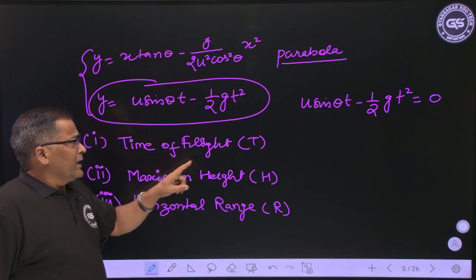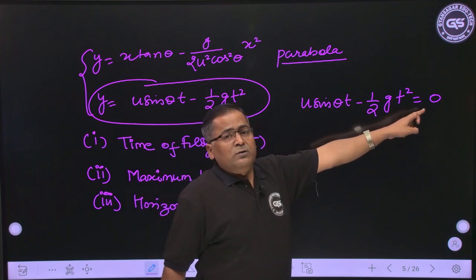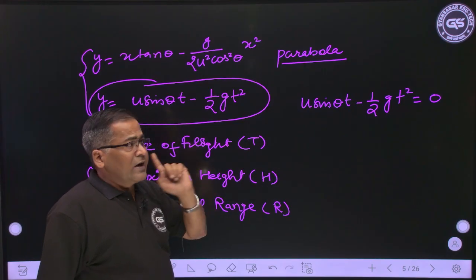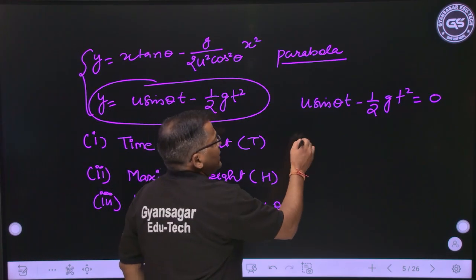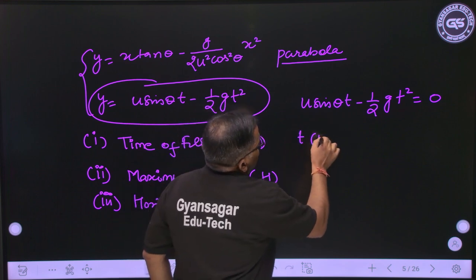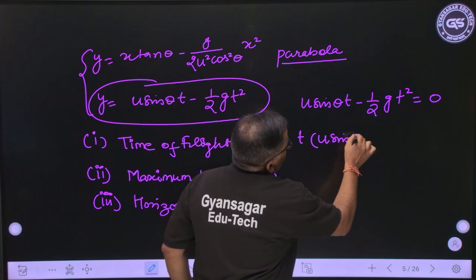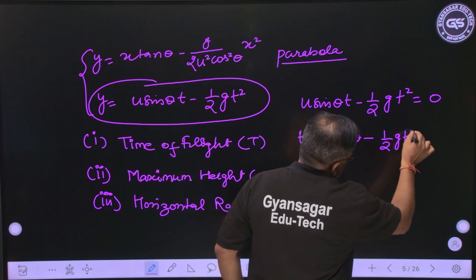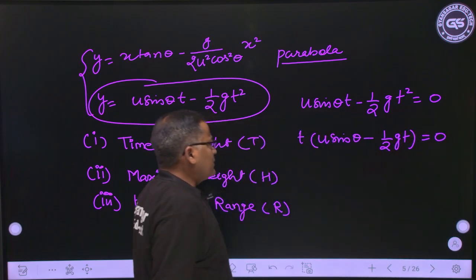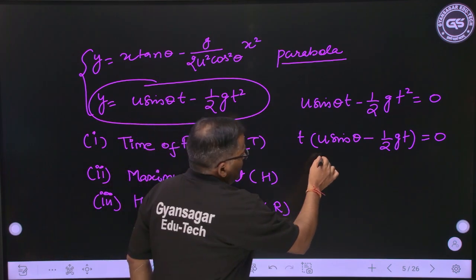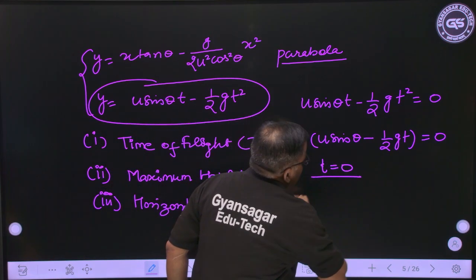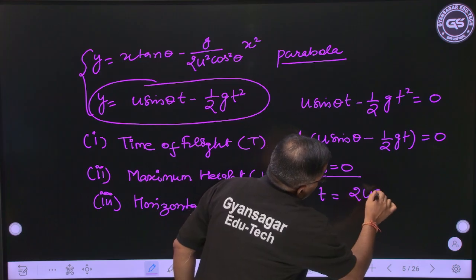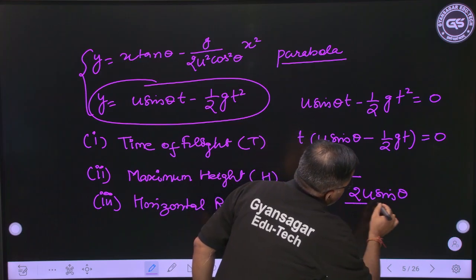So after landing its y coordinate will be 0. If its y coordinate is 0, in this equation I can put that thing, and from here I will get t into u sin theta minus half gt. So from this I get two values of t: t equal to 0 and t equal to 2u sin theta by g.